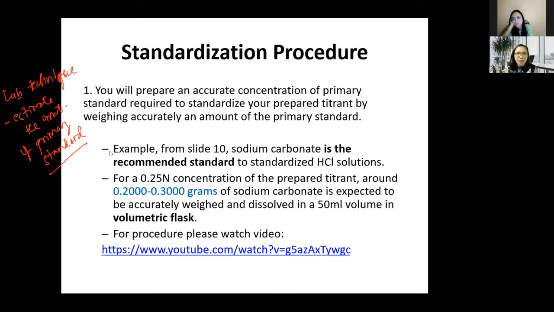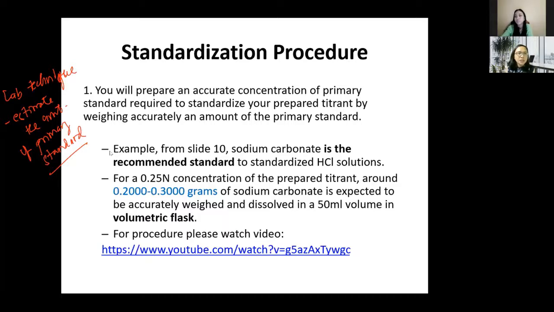Ang mangyayari ngayon is that kung marami yung iyong na-measure na mass ng sodium carbonate, mauubos yung titrant mo, wala ka nang magagamit in your unknown sample. Basically, yun yung pinaka-importante, magagamit mo siya in your unknown sample. Pero during standardization pa lang, naubos na siya. Kasi ang mali yung mass na ginamit mo during the standardization.